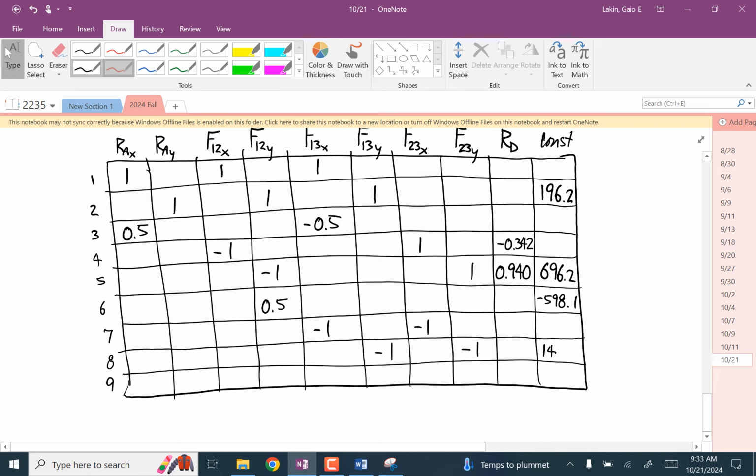Constant is 145.25. And equation 9, F13y, 0.5. F13x, 0.5. And the constant is negative 36.7875.